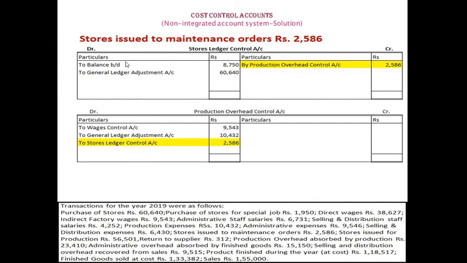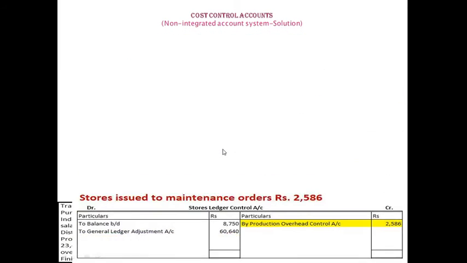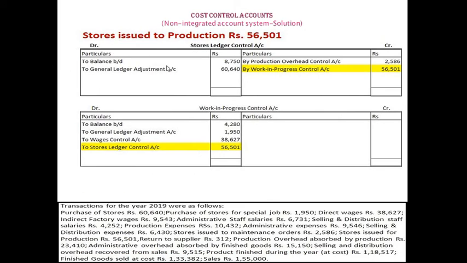Next one, stores issued to maintenance order rupees 2,586. In the stores ledger control account, production overhead control account 2,586, and in the production overhead control account to stores ledger control 2,586. Next, stores issued to production rupees 56,501.